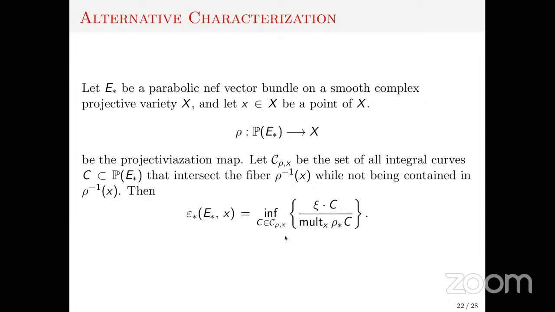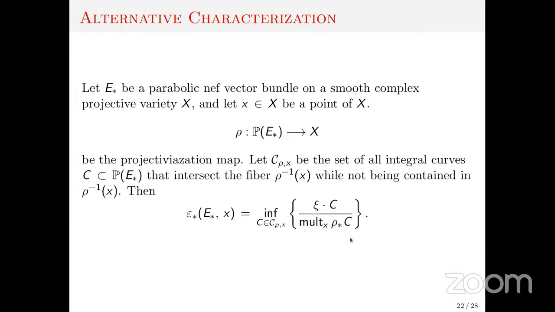I am taking the infimum over all curves which intersect the fiber rho over x and do not contain it. So this multiplicity is strictly positive. Now we have shown that both definitions are quite compatible, in the sense that one is defined as the supremum over certain classes being naive, and one is as the infimum of some fractions.